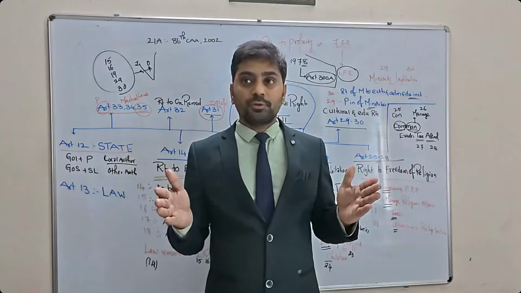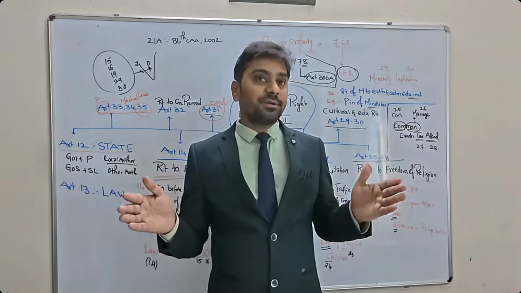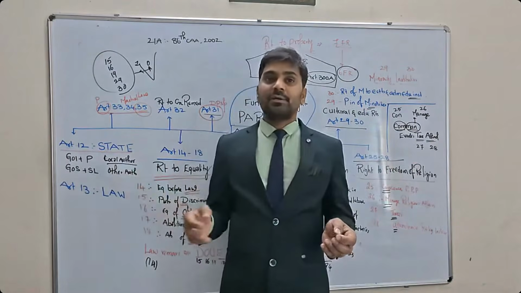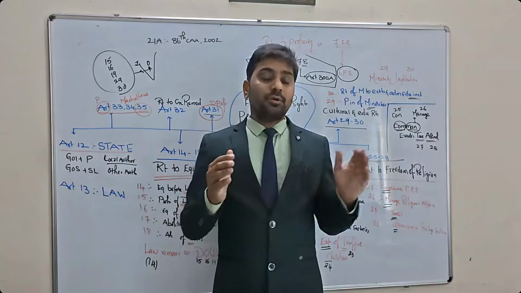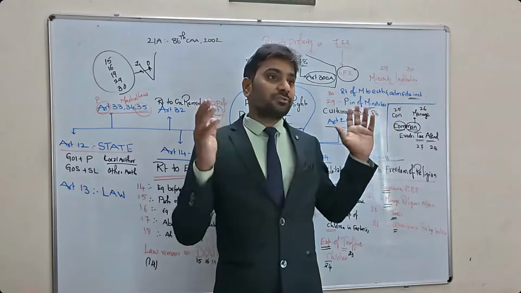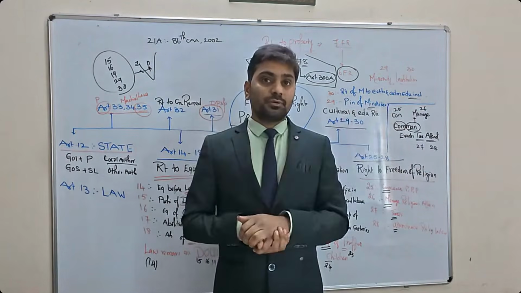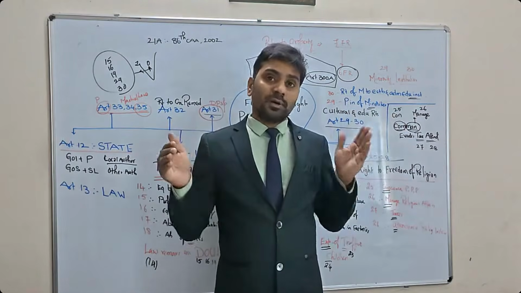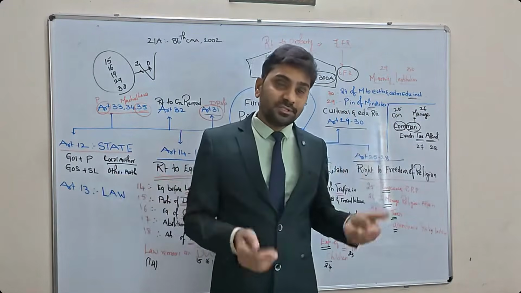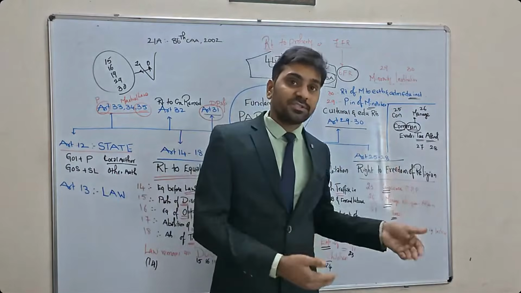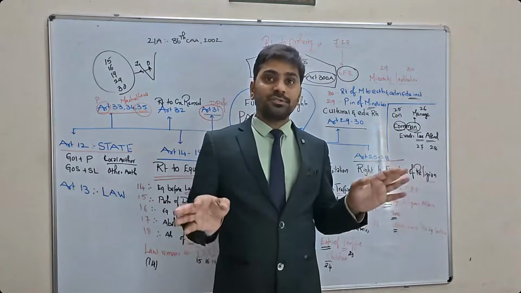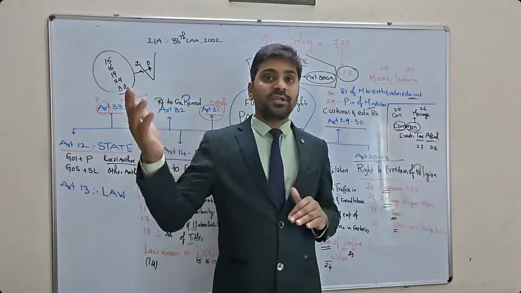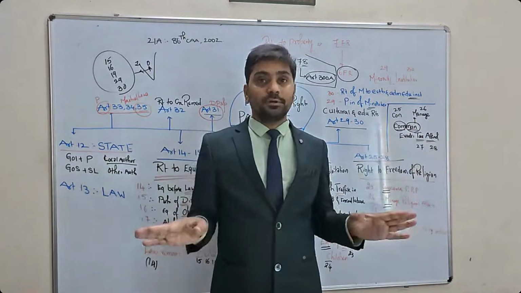Here what they are saying is that government is a state, Parliament is a state, state legislature is a state, government of the state is a state, local authorities are a state, and any other authority which is directly under the control of government is also a state.